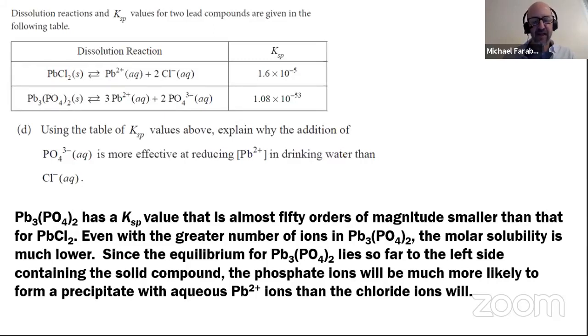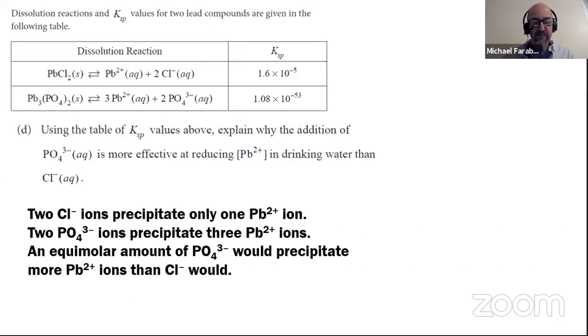So again, comparing the Ksp. Or you could have said that the ratio between chloride and lead is 2 to 1, whereas the ratio between phosphate and lead is 2 to 3. So if I have an equal molar amount of phosphate and chloride, it would precipitate more lead ions. The phosphate would precipitate more lead than the chloride would.